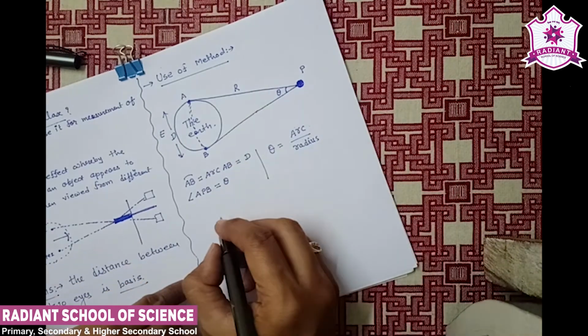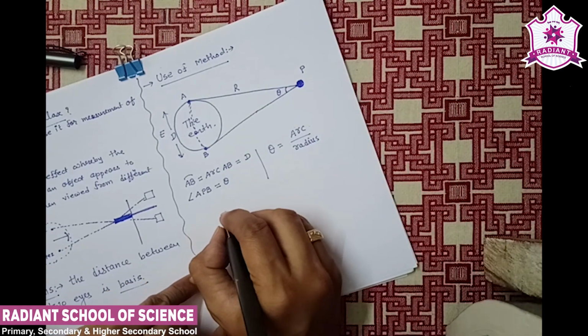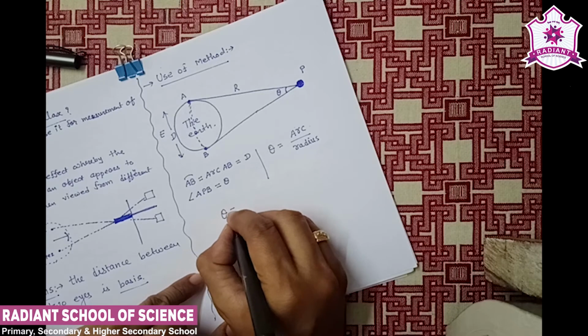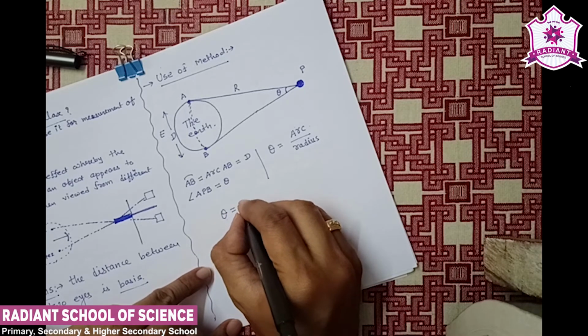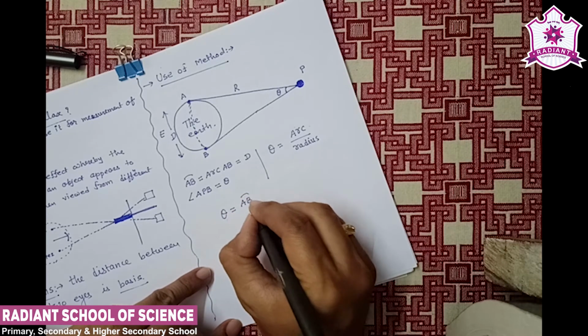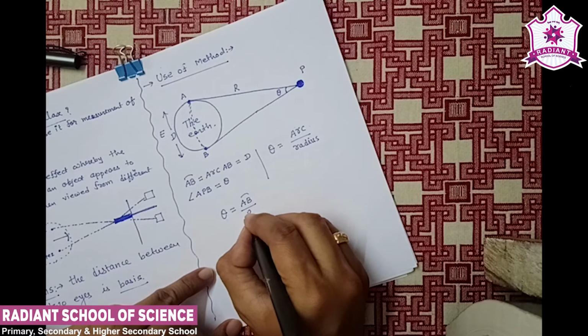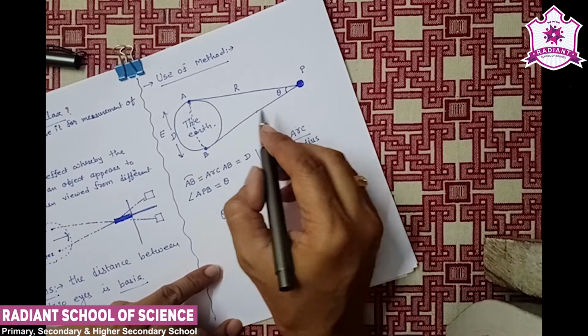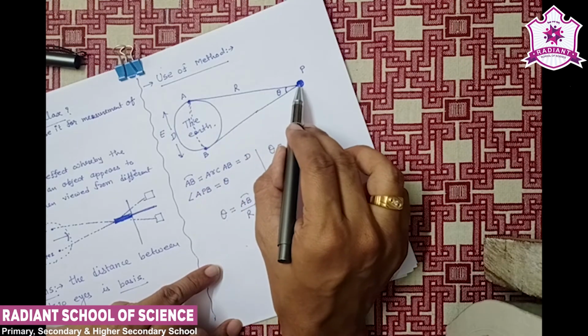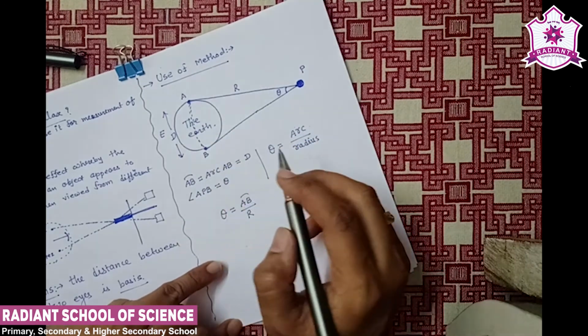Here we can simply apply the equation that angle is equal to arc AB upon radius r. We want to find this radius r because that is the distance between the planet and the earth.